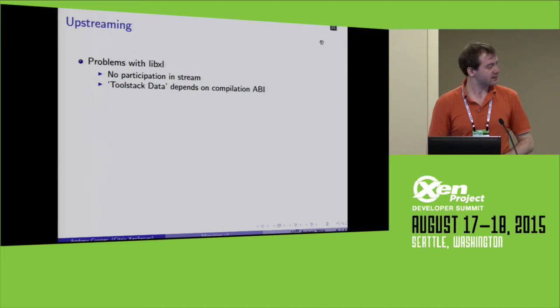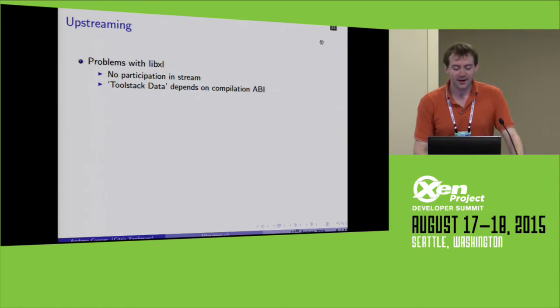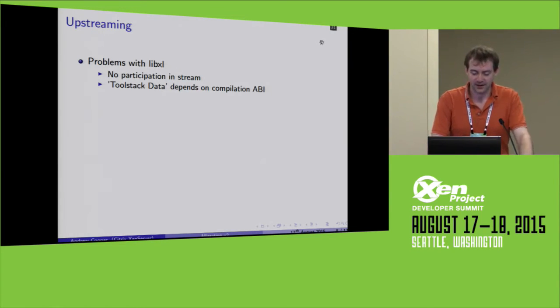Then we started looking at libxl, because in the intermediate time, xend had gone and died a violent death, and libxl was around. Up until this point, libxl had absolutely no participation in the stream. It literally handed the file descriptor all the way down to the bottom layer.